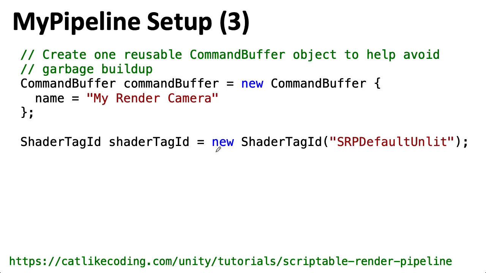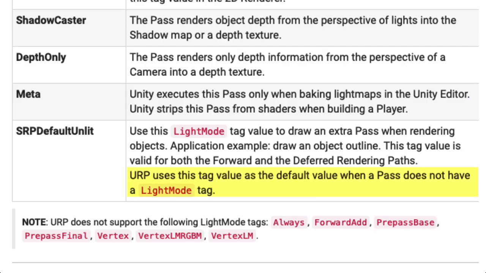Anyway, we're creating a shader tag associated with the shader tag string SRPDefaultUnlit. You can define light mode tags in your shader code and be able to select different bits of shader code based on their tags or not. This one, SRPDefaultUnlit, is a special one that gets executed when you don't define any shader tags in your code.